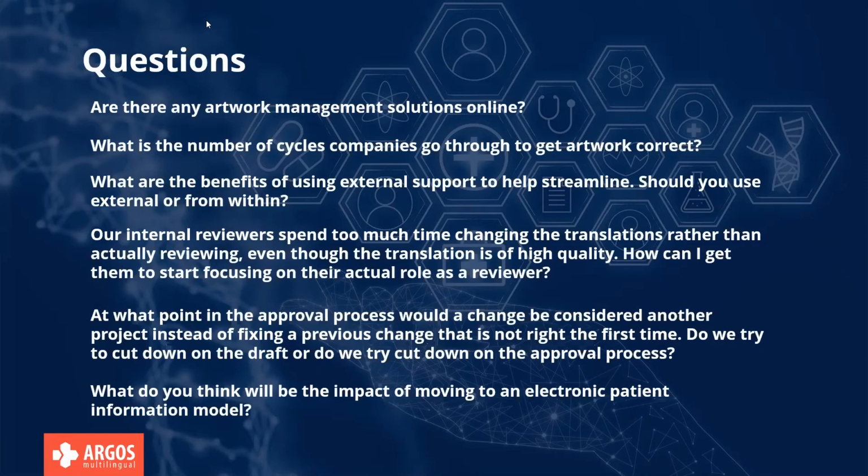Okay, so 2 more questions. At what point in the approval process would a change be considered another project instead of fixing a previous change that is not right the first time? Do we try to cut down on the draft, or do we try to cut down on the approval process? Yeah, I mean, this comes back to the definition of the brief and getting everybody to agree to that brief.